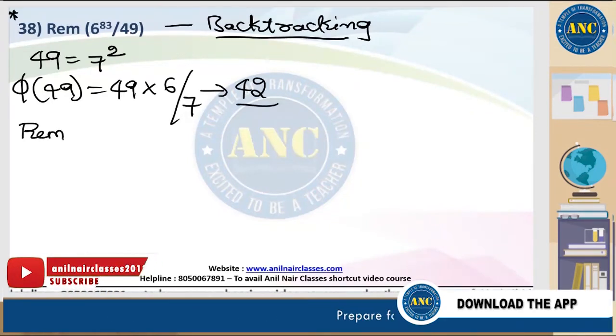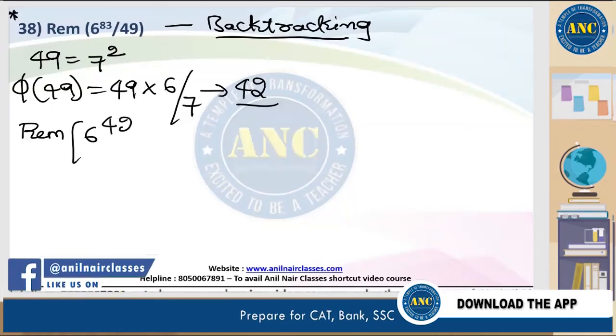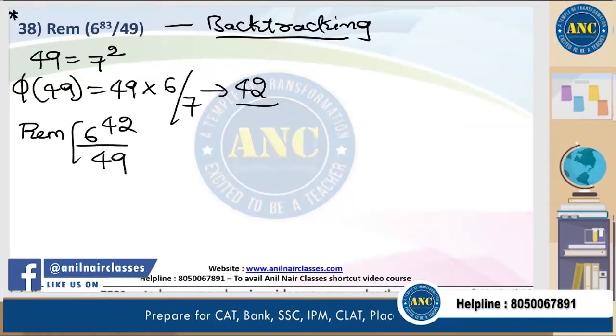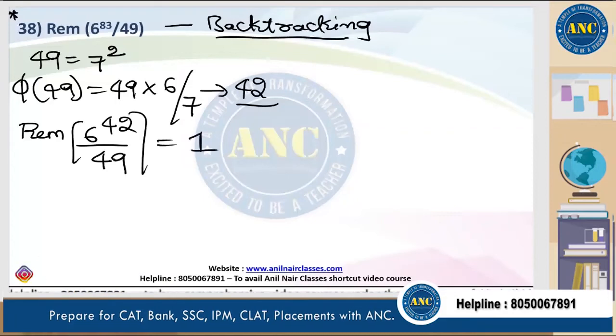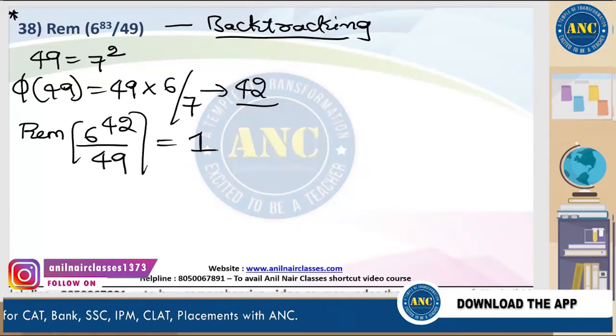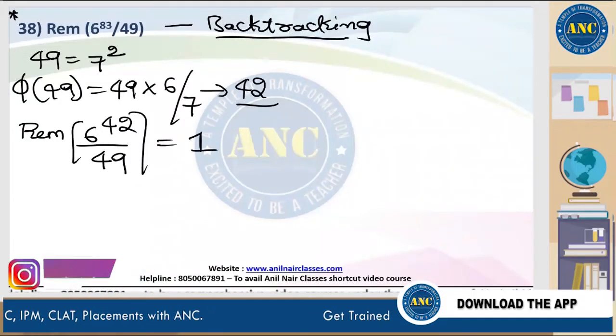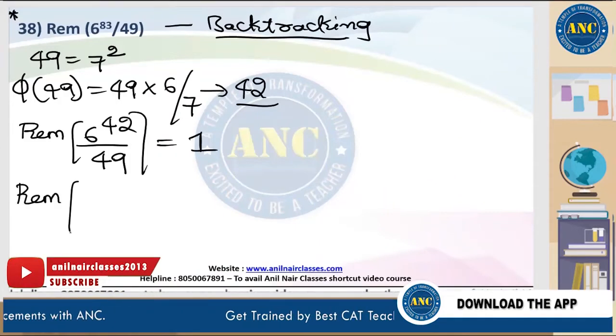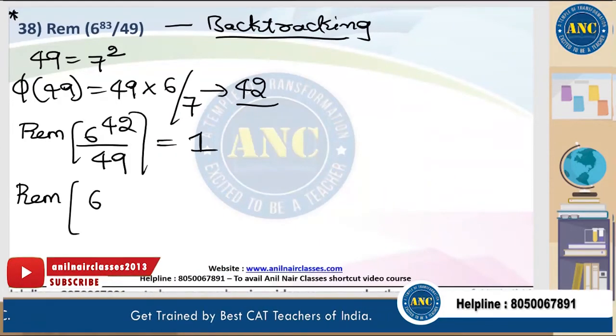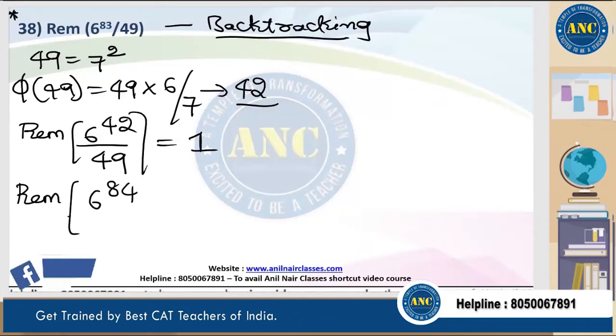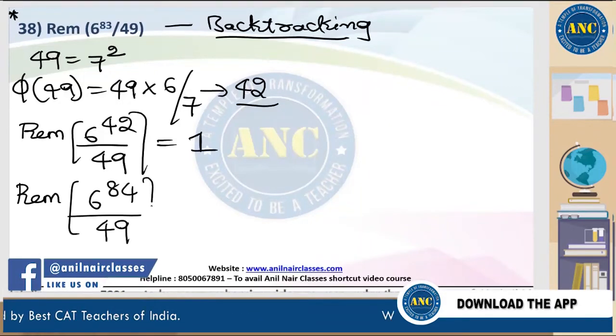So this is nothing but 6 power 42 by 49 is 1. This is according to the Euler totient function. What is the multiple of 42 close to 83? 84. So if 6 power 42 is there, 6 power 84 by 49 is also 1.